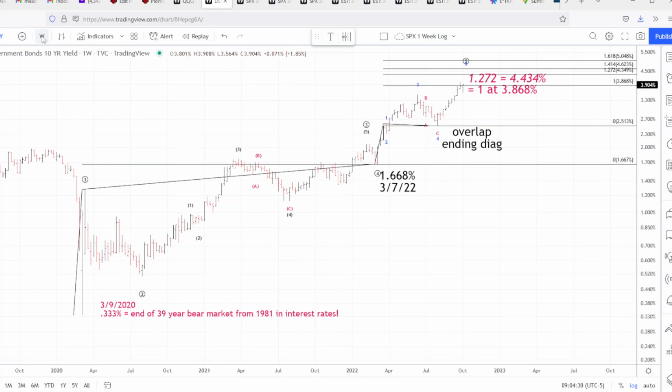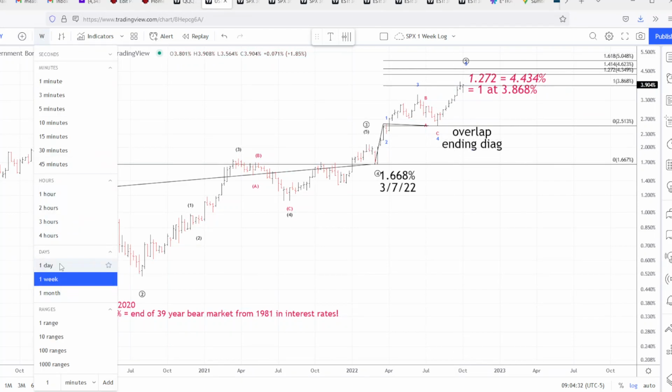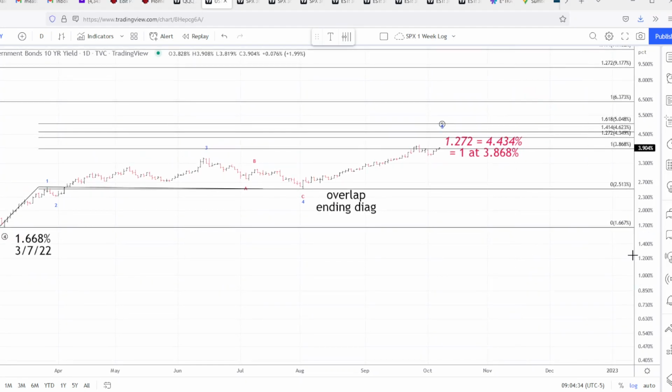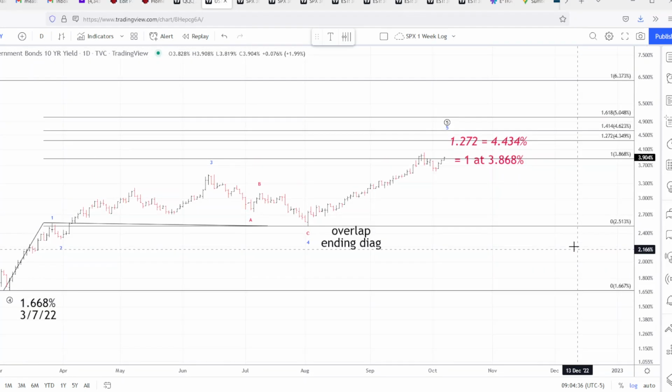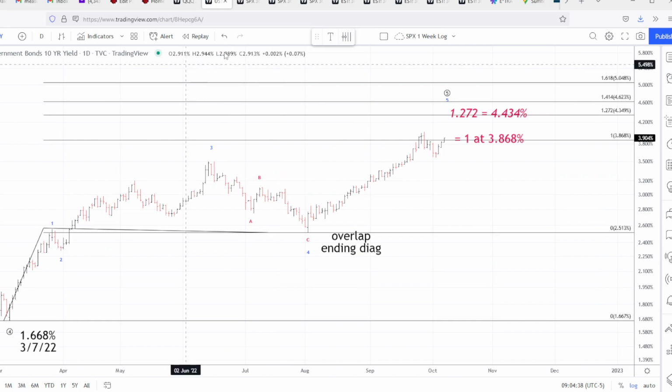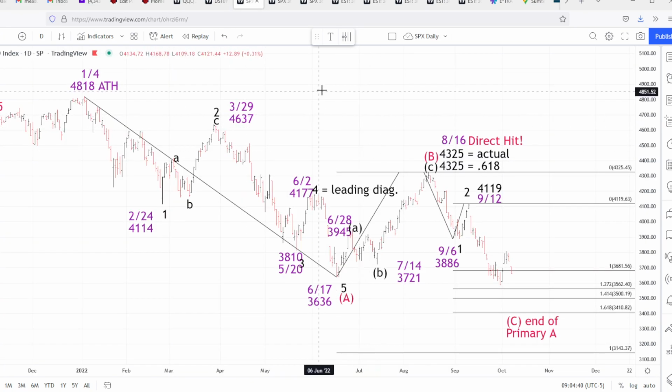Let me get this back down to a daily chart for my next time of referencing it. There we go. Okay, let's look at the S&P cash daily chart from the January 4th high. And we've got a low on 6/17 of 36.36 for wave A down. We've got a B wave up. We had a direct hit on a turn date, direct hit exactly on the 618 retracement for the B wave right up there, in red.